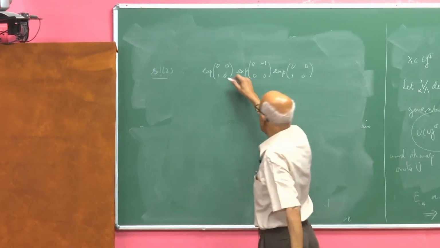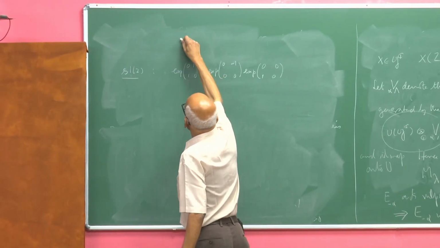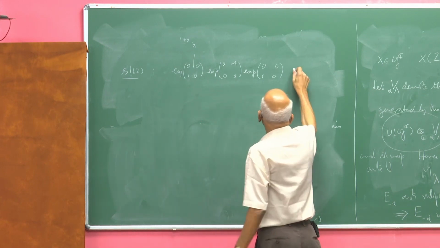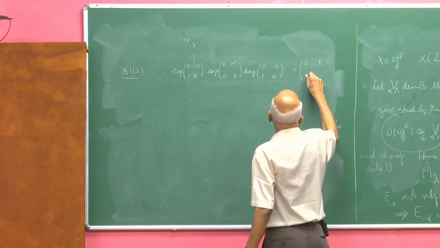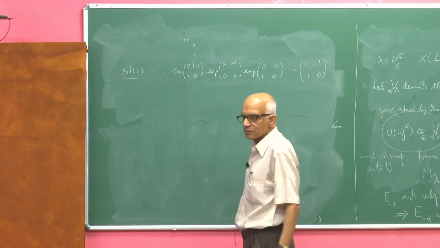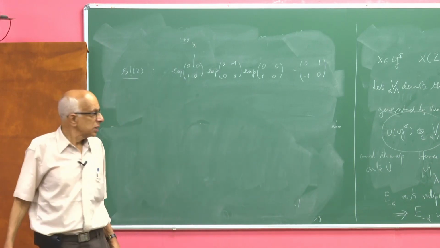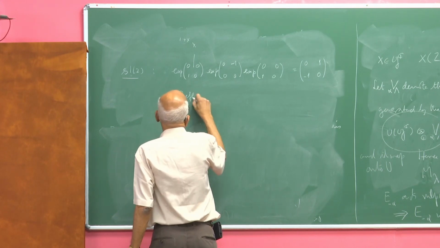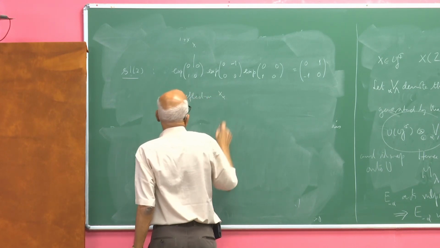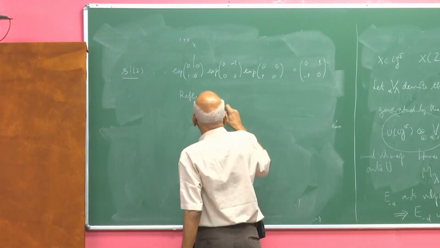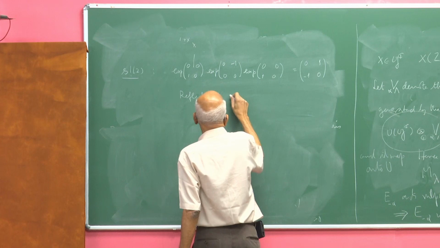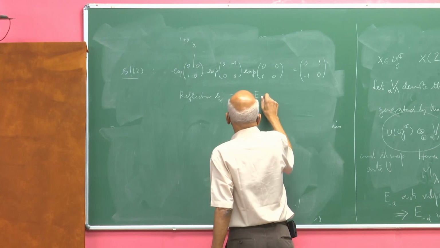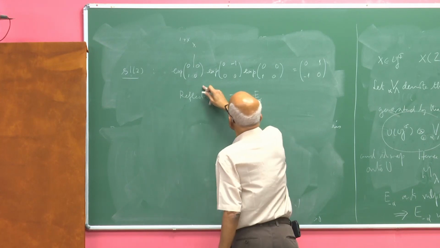Notice this is nothing but, if I call this thing x, just 1 plus x, because x squared is 0 in SL2. Call this element; it turns out that this element is nothing but the matrix 0 1, minus 1 0. It's a Weyl group element. So the reflection S alpha is the same as the exponential of E alpha, E minus alpha.